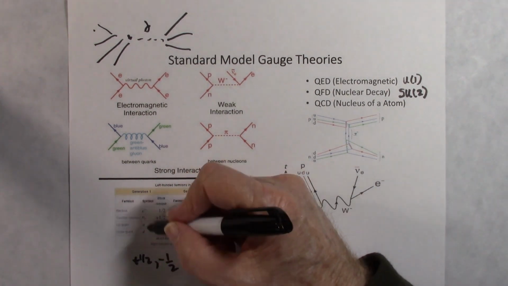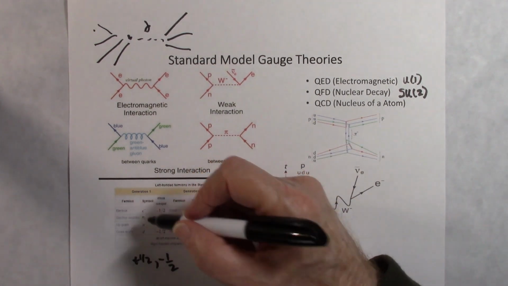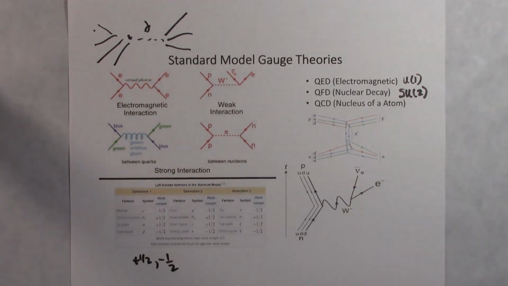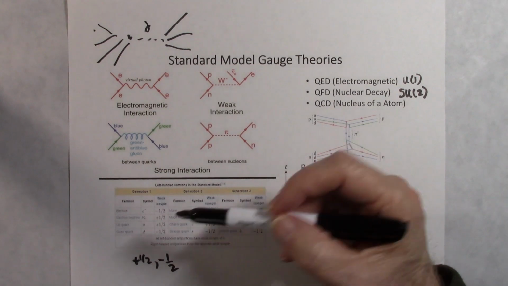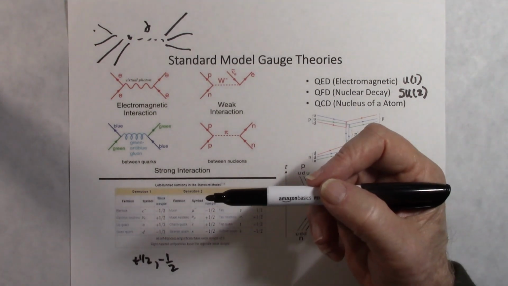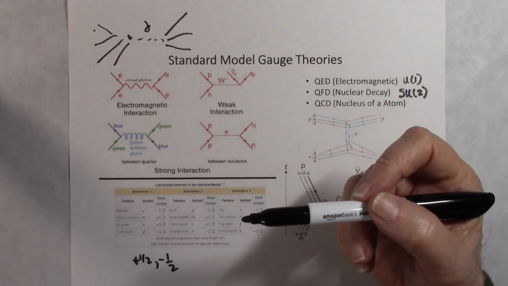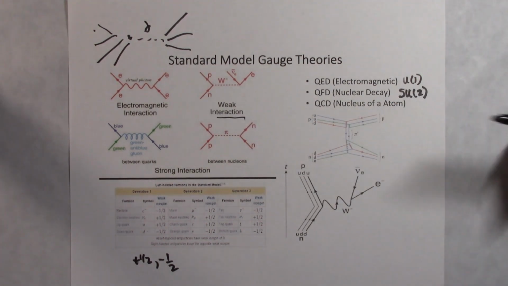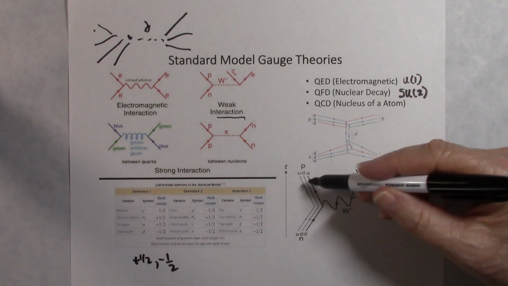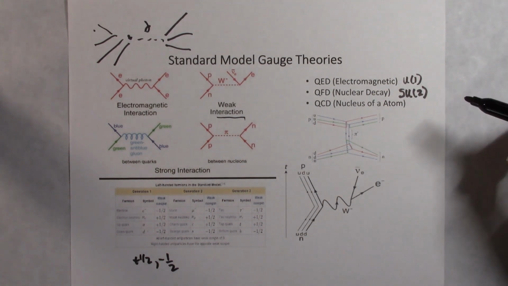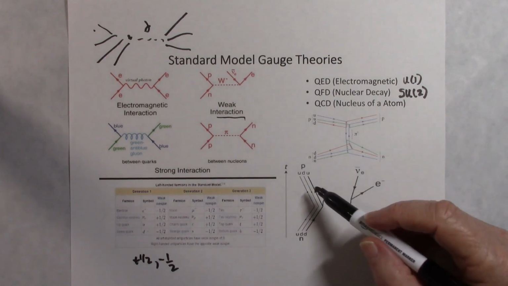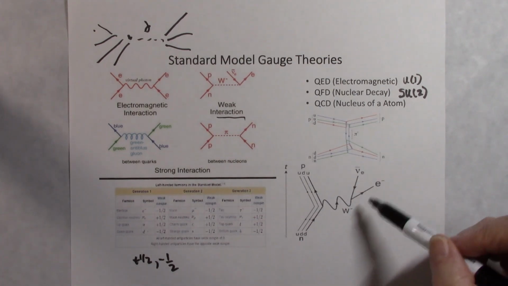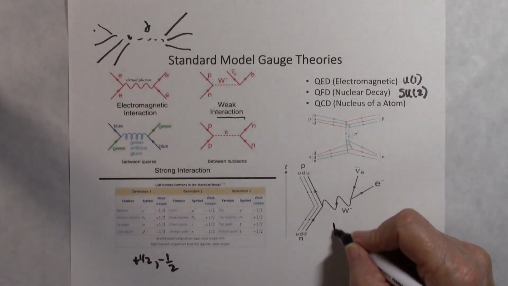If we look at this chart, I don't know if you can see it, the electron has a weak isospin of minus 1/2, the neutrino plus 1/2, the up quark plus 1/2, and the down quark minus 1/2. In all weak interactions or nuclear decays, all the equations that describe those types of interactions must conserve weak isospin. If we look at an example here, this is just a Feynman diagram of beta decay.